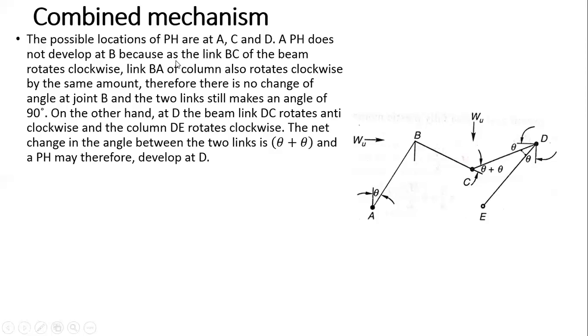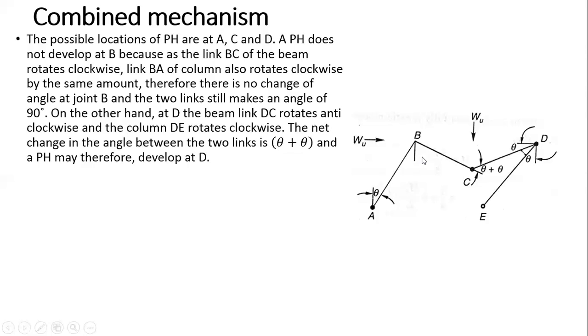Why? Because the length BC of the beam deflects in the clockwise direction under this load. Similarly, this column, that is BA, under this horizontal load again deflects in the clockwise direction. So the net angle between this beam and this column remains 90 degrees. There is no change of angle here.